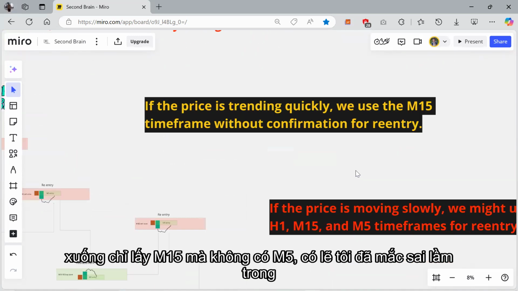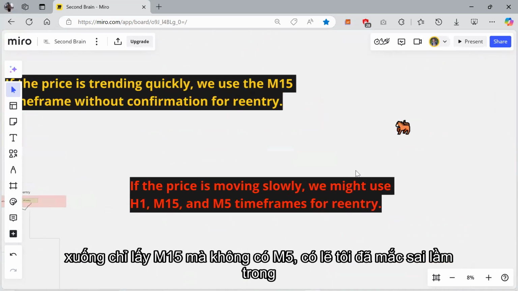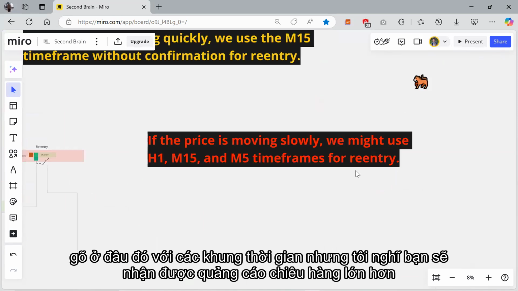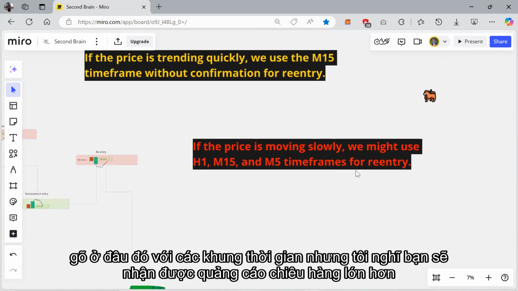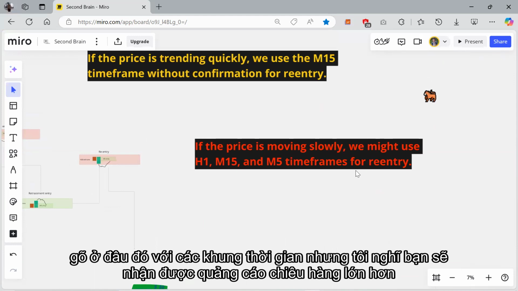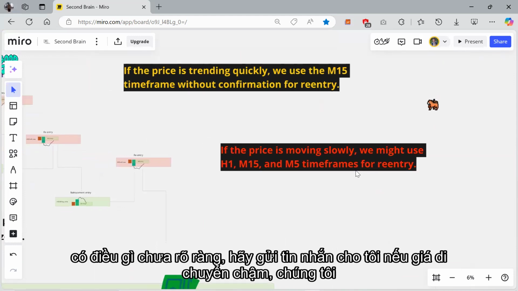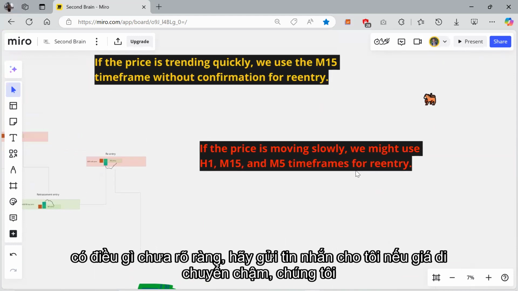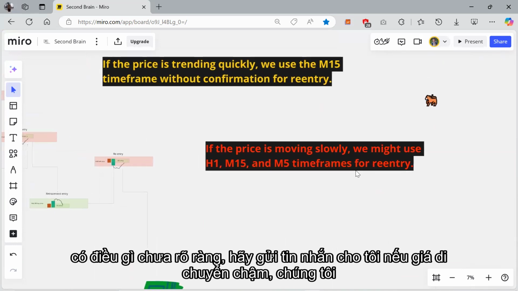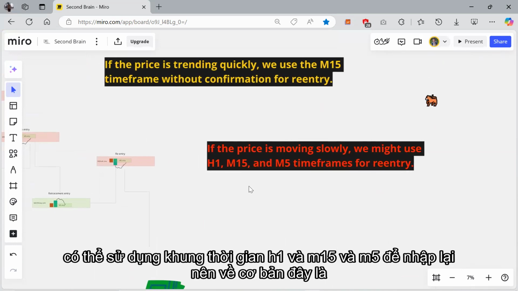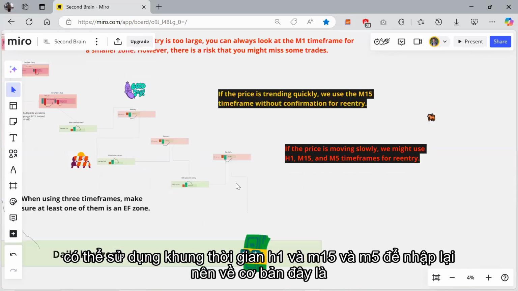I probably have made a mistake in typing somewhere with the time frames, but I think you get the bigger picture. If anything is not clear, just send me a message. If the price is moving slowly, we might use H1 and M15 and M5 time frames for re-entries.